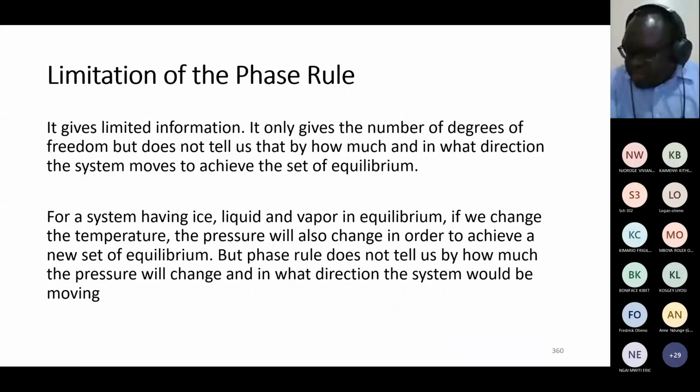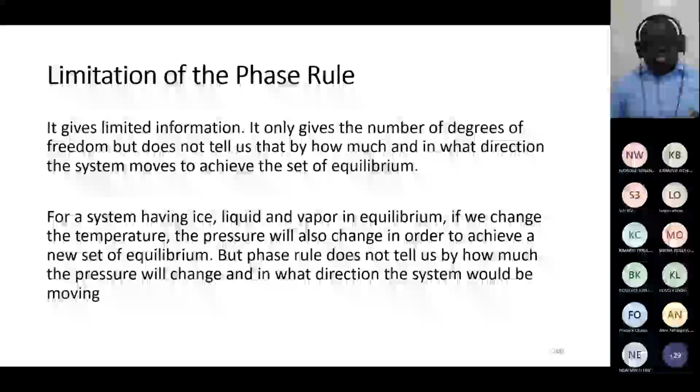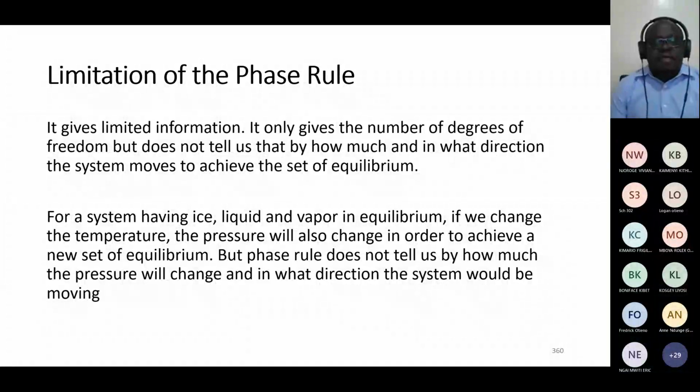Now, we saw that the phase rule is very important in determining the degrees of freedom for a particular system, but it has some limitations. It gives the number of degrees of freedom, but it does not tell us how much and in what direction the system moves to achieve a new equilibrium.